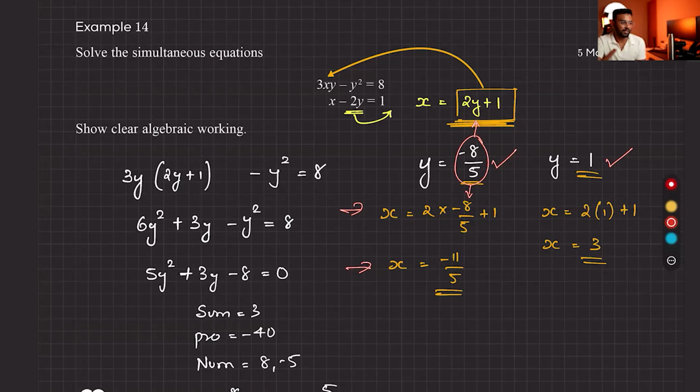Do you see that? And simplifying it for both. Substituting the y value into the x equation in order to find x. Okay. Are you guys clear with this? Any questions on this?